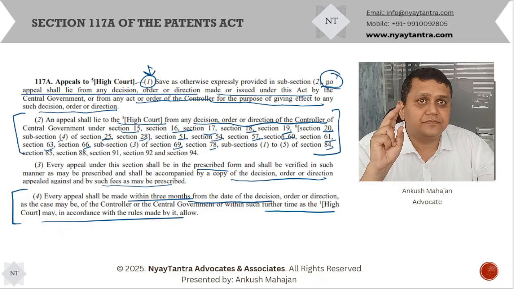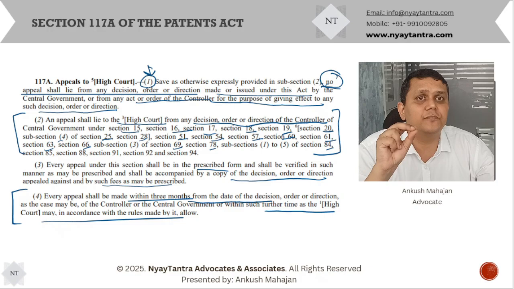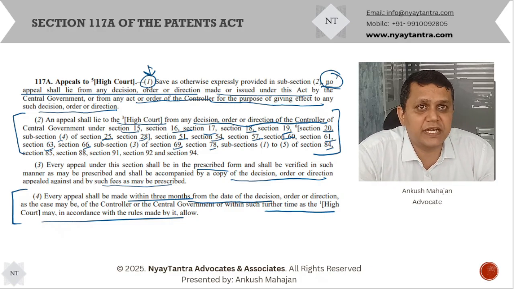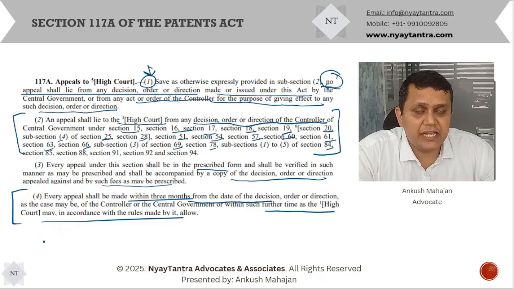Second, in case you are not able to file the appeal within 3 months, then you have to seek leave from the respective High Court. You have to seek approval of the respective High Court to ensure that your appeal is listed before it.